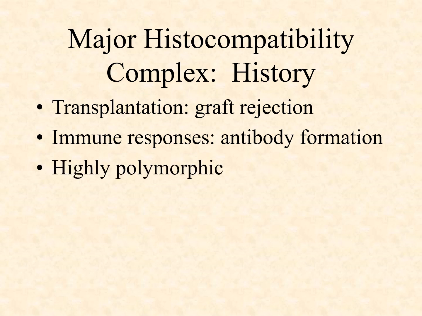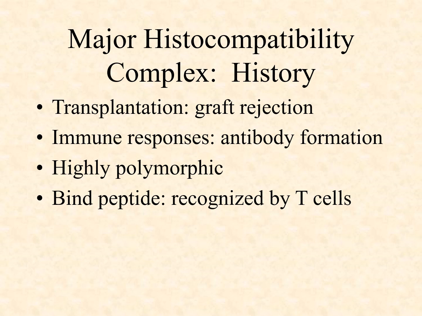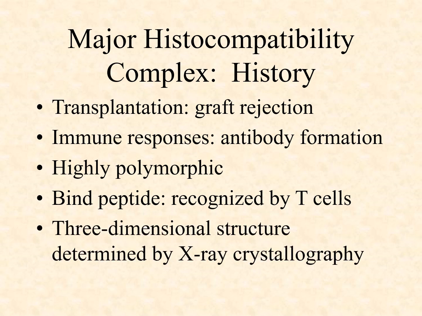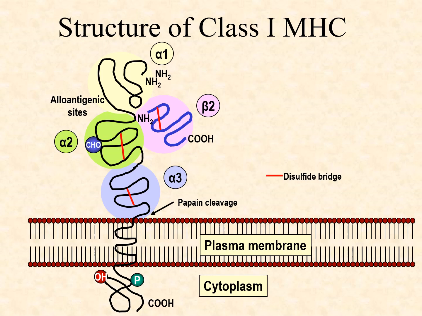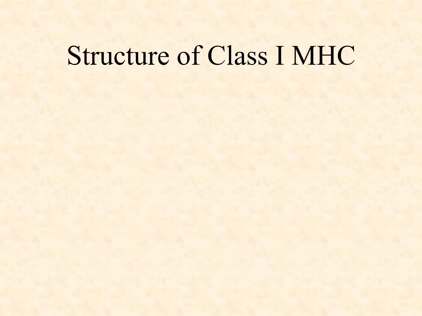Highly polymorphic, binds peptide recognized by T cells, three-dimensional structure determined by X-ray crystallography. A structure of the class 1 major histocompatibility molecule: this is major histocompatibility class 1, and this is the alpha chain, beta 2, A3, and alloantigenic site. Here the membrane, plasma membrane, and cytoplasm.